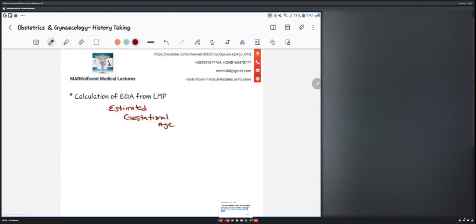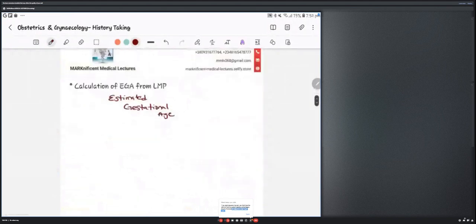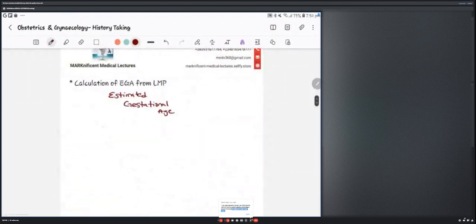Now, back to the calculation itself. We have what we call LMP. Like I said, it's from LMP again that you will find this estimated gestational age. Let's use the same LMP as before. The first one was 9th October, isn't it? So our LMP is 9th October 2023.